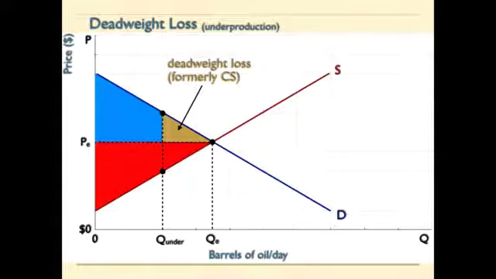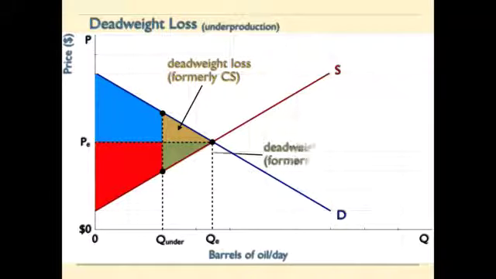If it's not being consumed, it does not generate consumer surplus. So as shown here, that shaded area, the top triangle, is the deadweight loss that used to be consumer surplus. That's output that is not being consumed and therefore is no longer generating consumer surplus.